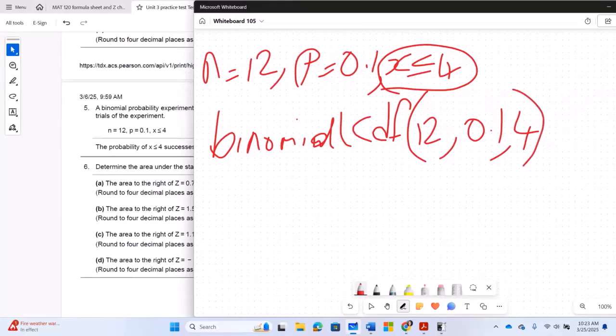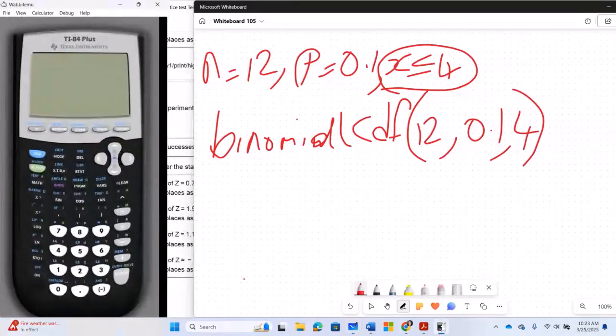Then the next thing I want to do is get my calculator and put all these things in my calculator. I turn it on and clear. Then I go to second distribution again, but this time I'm looking for binomial CDF, because I'm accumulating.